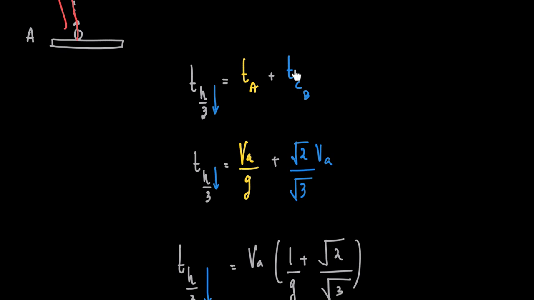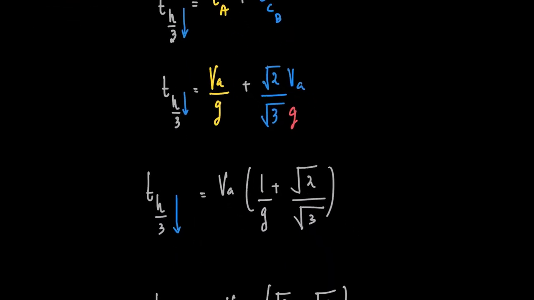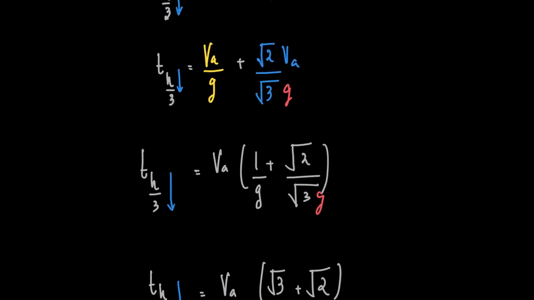It is VA by G. What is the time from C to B? It is root 2 VA by root 3 G. Now I can say that time to reach H by 3 downwards, if I take VA common, is 1 by G plus root 2 by root 3 G. Sorry, I missed that.